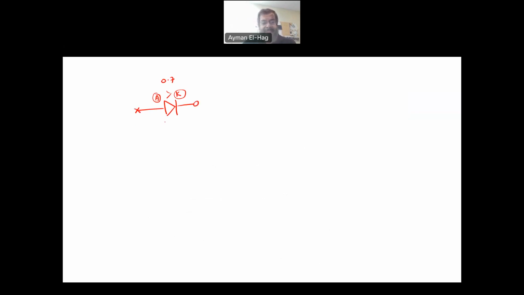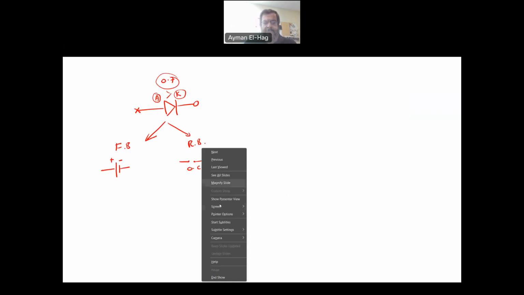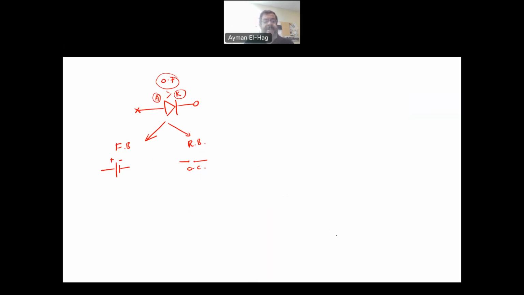If this is the case, the diode will be forward biased, and it will be modeled as a battery with the plus at the anode and negative at the cathode. But if the voltage is less than 0.7 or negative, then the diode will be reverse biased and modeled as an open circuit. So the whole idea is to figure out if the diode is forward biased or reverse biased, model it, and then move on.